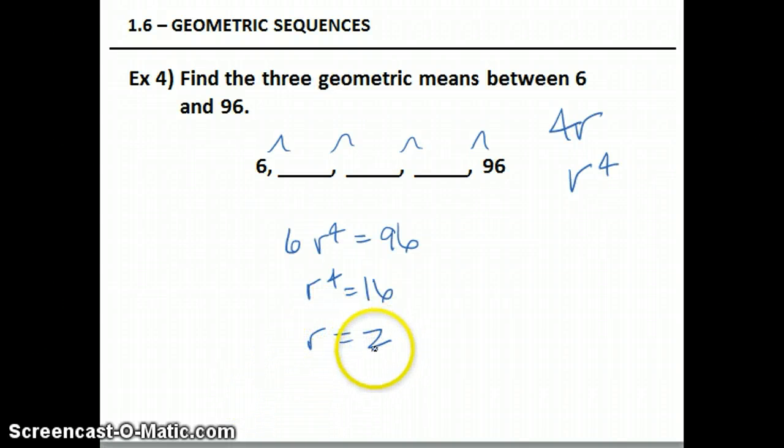So in this case, r equals 2. It says find the 3 geometric means, so now we have to do that. 6 times 2 is 12, times 2 is 24, times 2 is 48, times 2 is 96. Done.